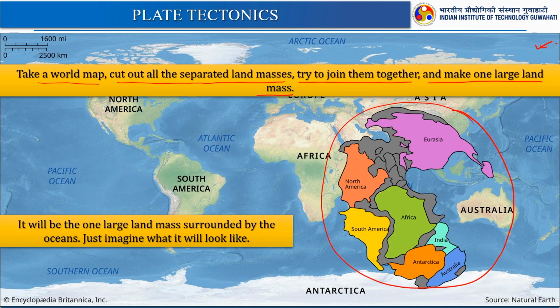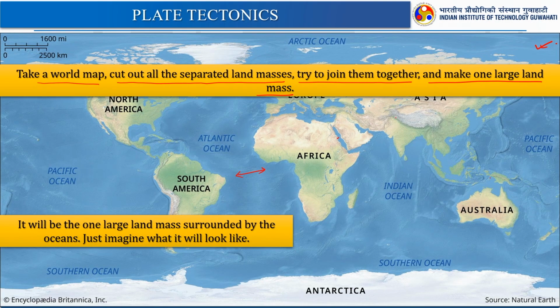So here this was Pangea, and all the land masses were together, surrounded by the ocean. But subsequently over time, because of the continental drift, because of the plate tectonics, these land masses are getting separated from each other, and also some are colliding with each other.